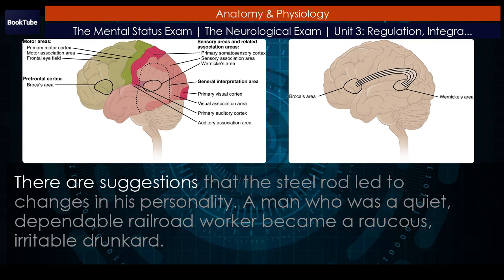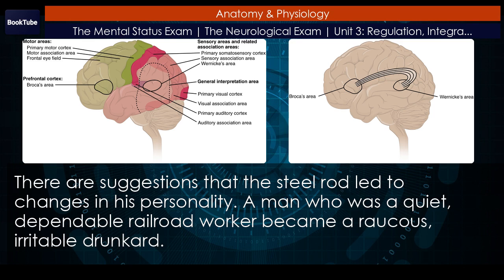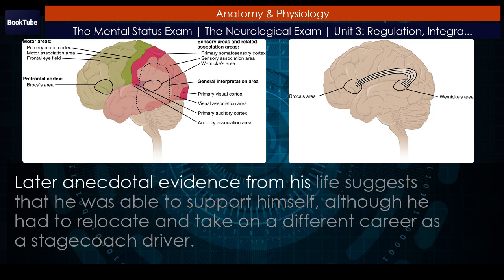There are suggestions that the steel rod led to changes in his personality. A man who was a quiet, dependable railroad worker became a raucous, irritable drunkard. Later anecdotal evidence from his life suggests that he was able to support himself, although he had to relocate and take on a different career as a stagecoach driver.